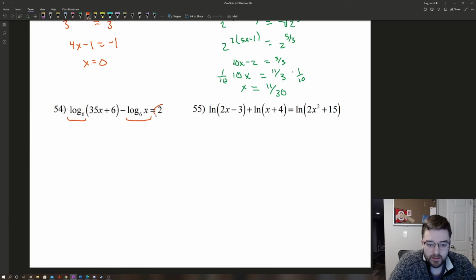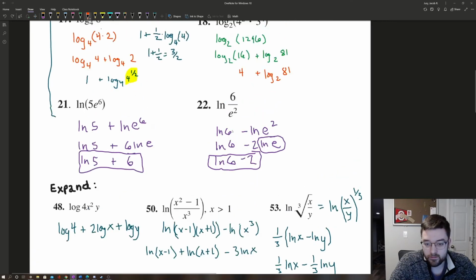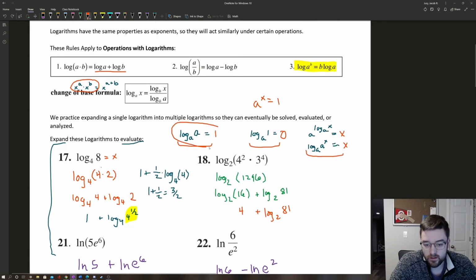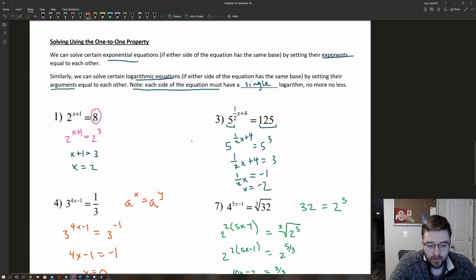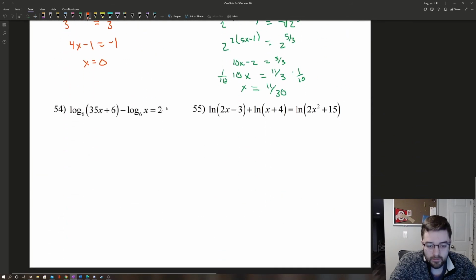But we can't, because this last thing, this is 2. So how do we make 2 look like it has a base, as a logarithm of 6? So to remember that, we've got to go back to this rule where log base a of a is equal to 1. So there is a 1 hidden in here.